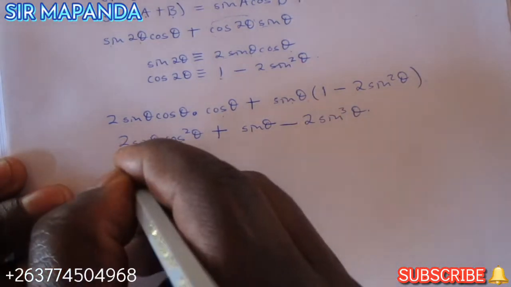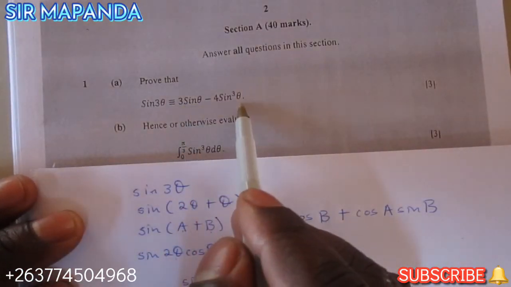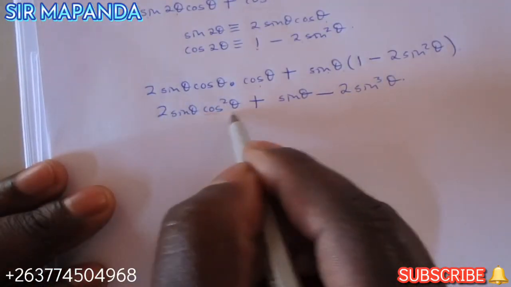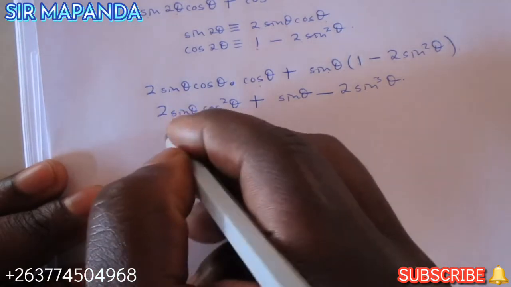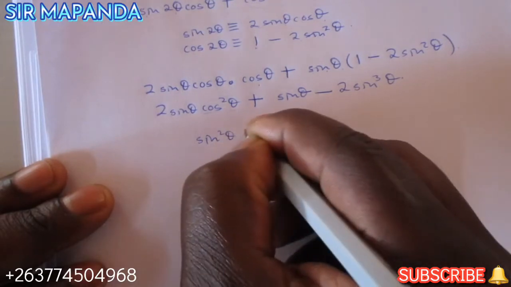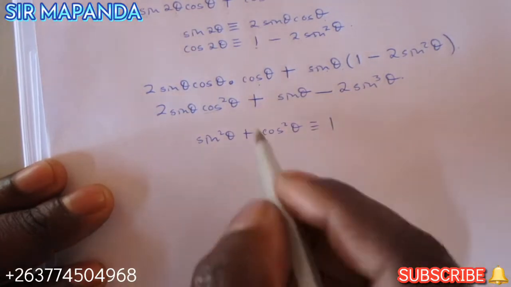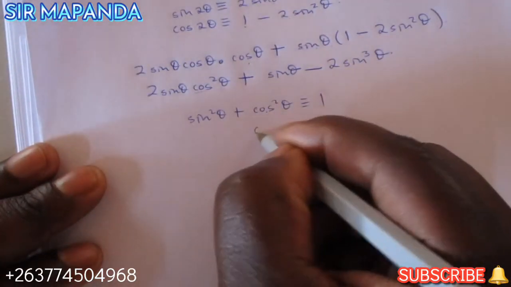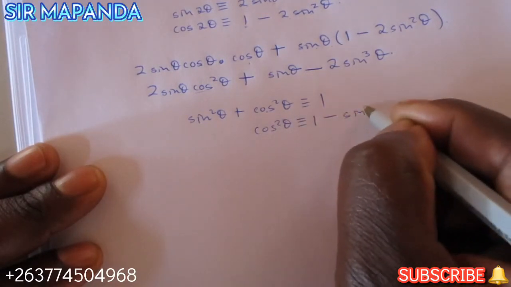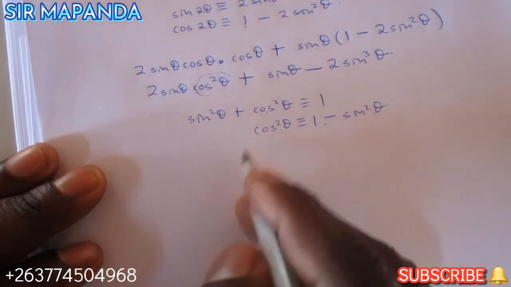But since our identity on the right side is in terms of sine, we need to change this cos squared theta into sine, using the identity sine squared theta plus cos squared theta is identical to 1. Making cos squared theta the subject, it is identical to 1 minus sine squared theta.